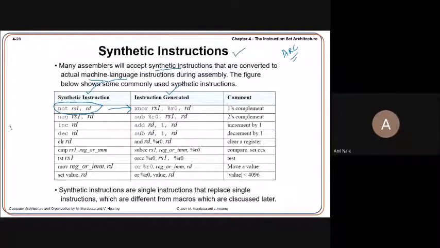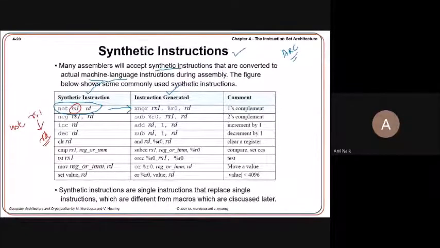NOT means the complement operation. It takes the data from the RS1 register, does the complement, and stores it in the destination register.